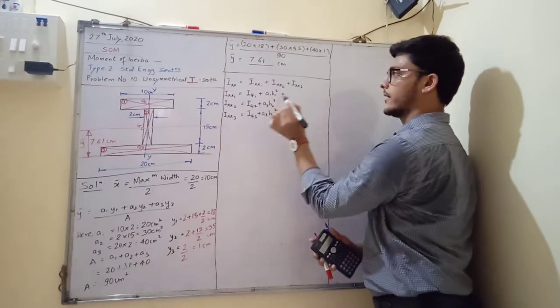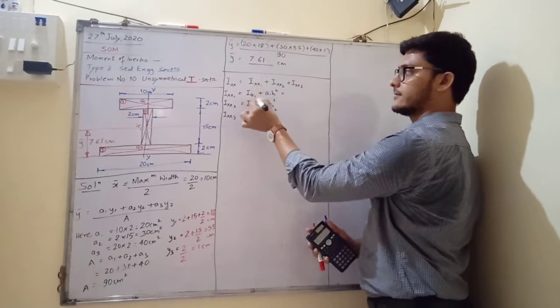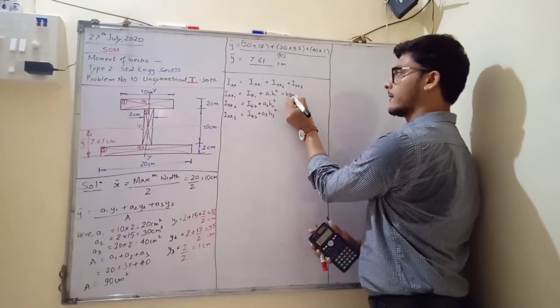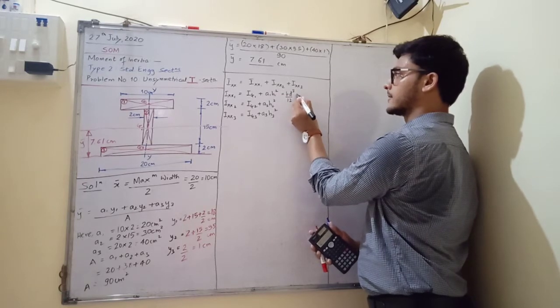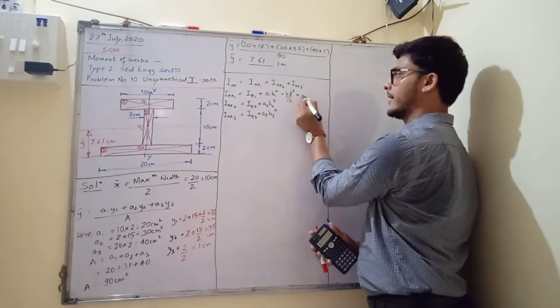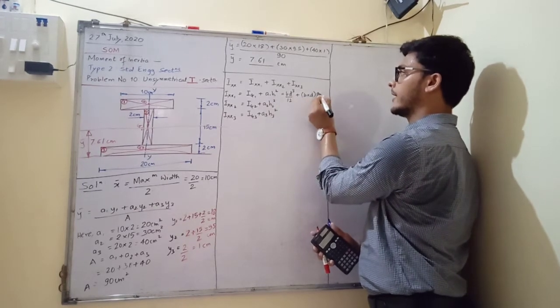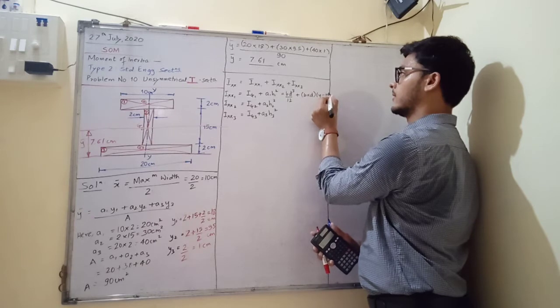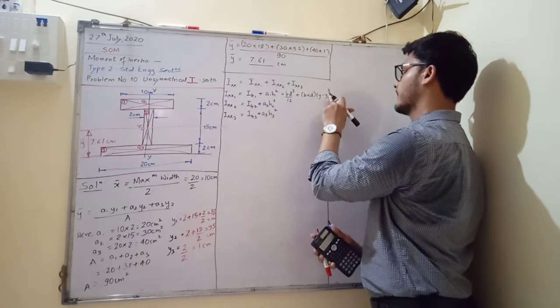Now substitute the values. Since it is Ixx of a rectangle, Ig1 will be BD cube by 12, plus the area, which is B into D, and H1 will be y bar minus y1, the whole square. Square is in the formula, so it will be the whole square.